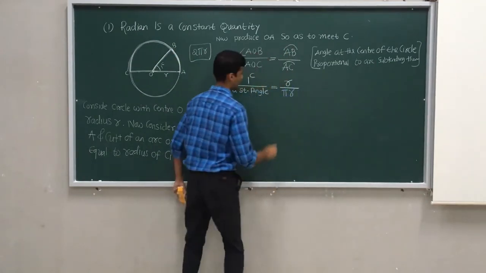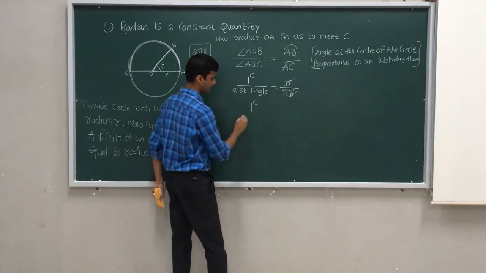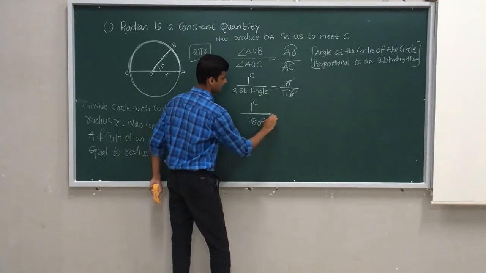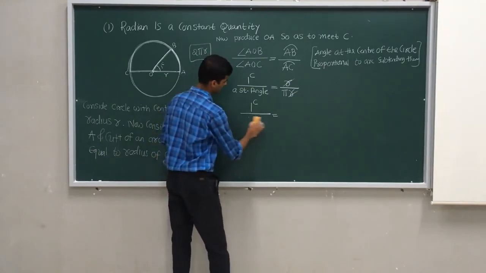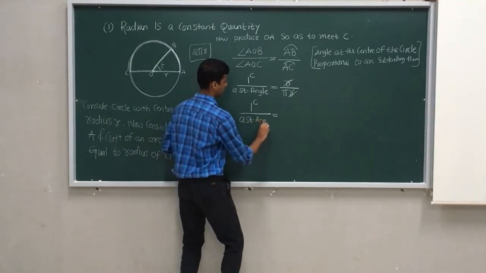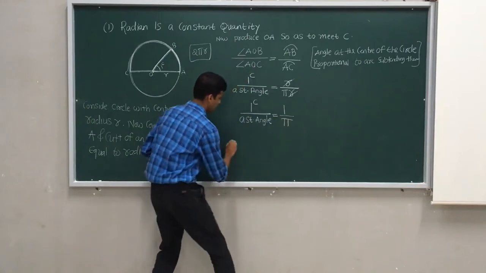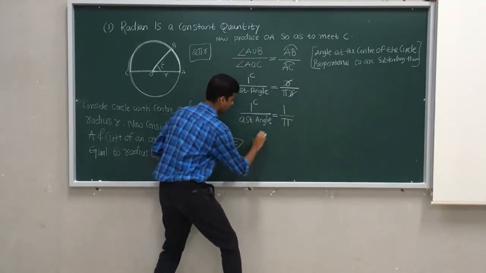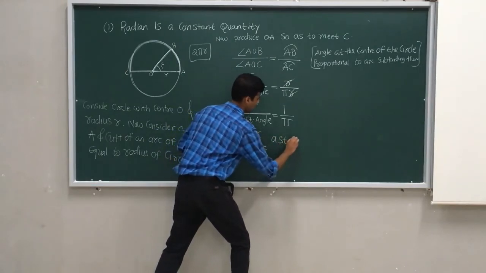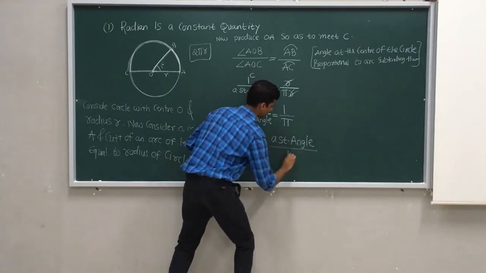Yes, I will cancel r and r. You got 1 radian divided by a straight angle, meaning 180 degree. The r gets cancelled, 1 by pi, which implies 1 radian is equal to, cross multiplying, a straight angle upon pi.